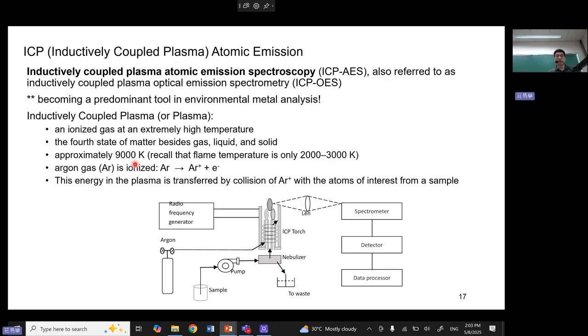I'll spend some time to explain how we generate plasma. Usually in the case of ICP-MS or ICP-OES, we need to supply argon gas. Argon gas is the gas we use to generate the plasma.